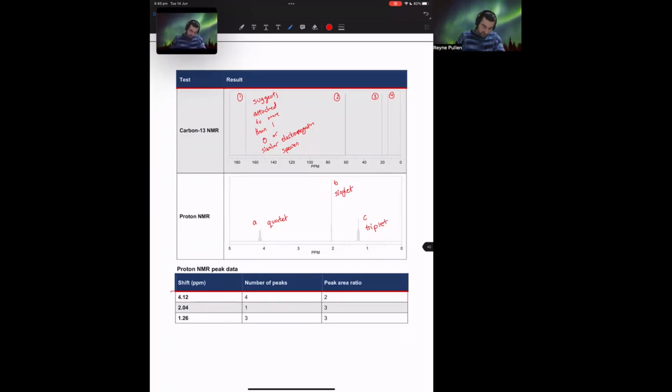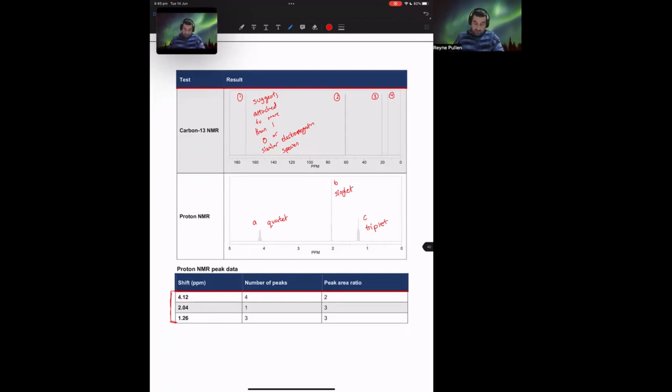And that's where we want to shift our attention down to this peak data table down the bottom. As we've done before, this can tell us a little bit about the number of hydrogens that are in each of these environments.